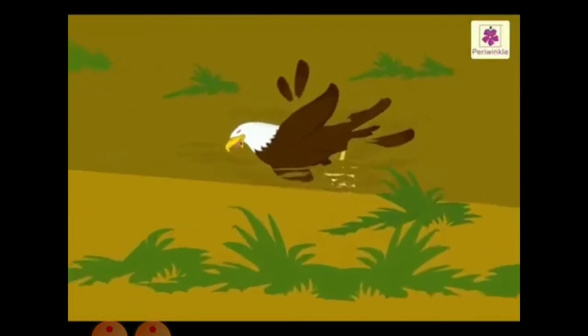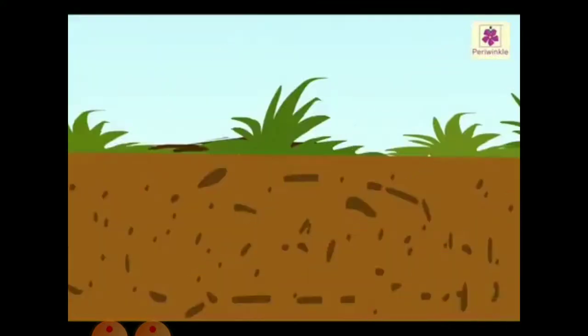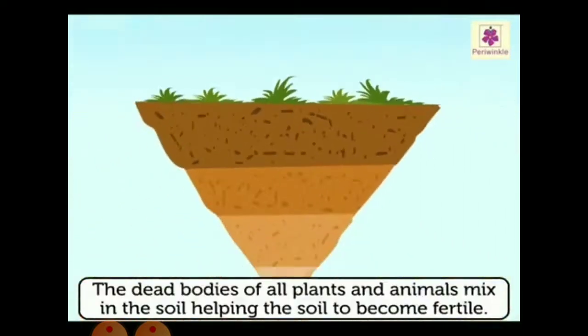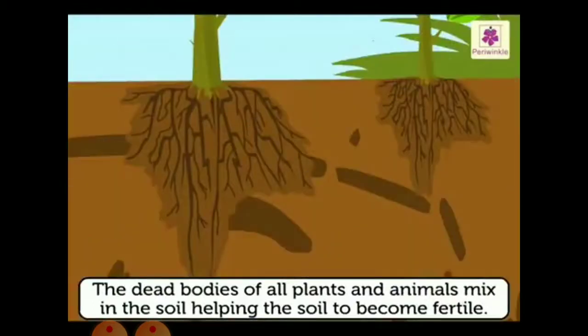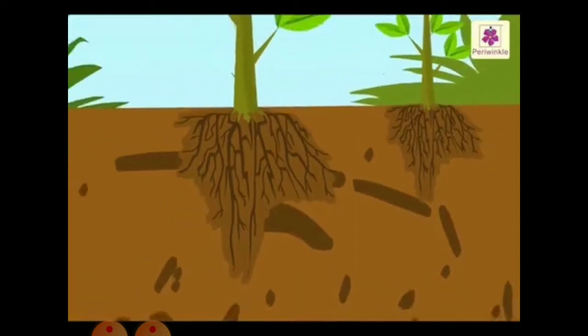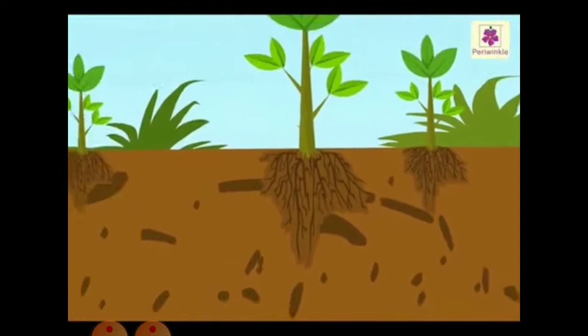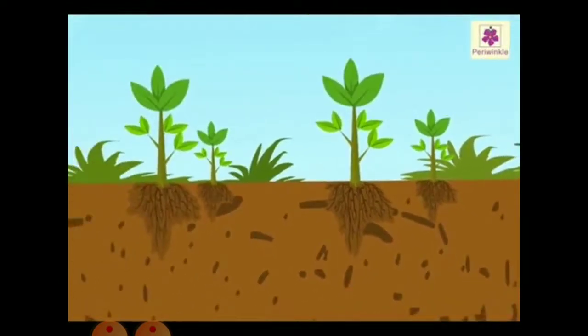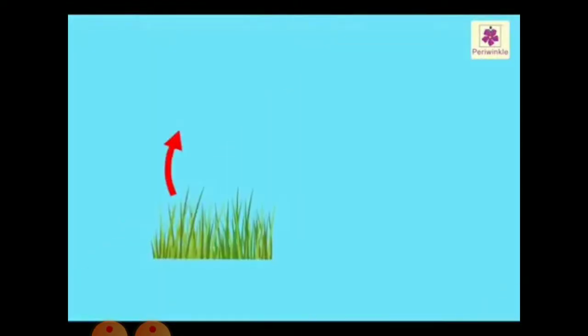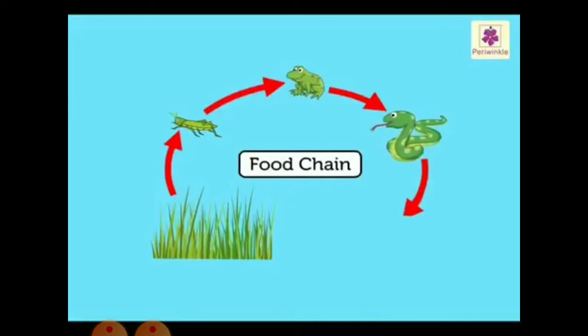When the eagle dies, its body decomposes and gets mixed in the soil. The dead bodies of all plants and animals mix in the soil. This helps the soil to become fertile. So the grass and all the other plants grow well. This is called a food chain.